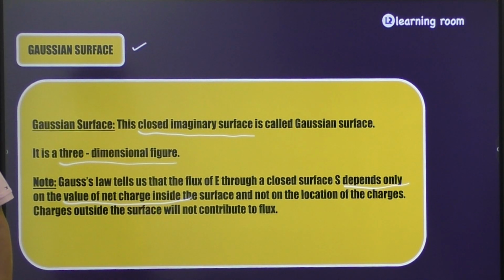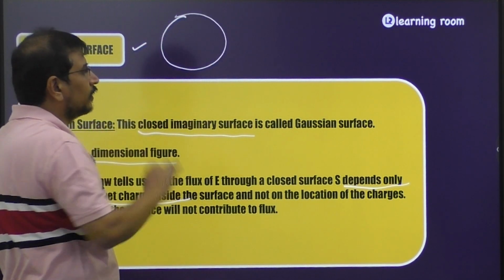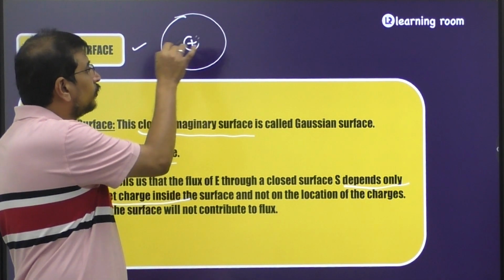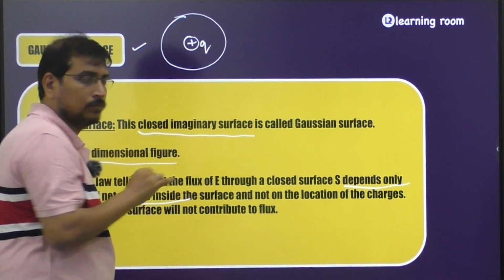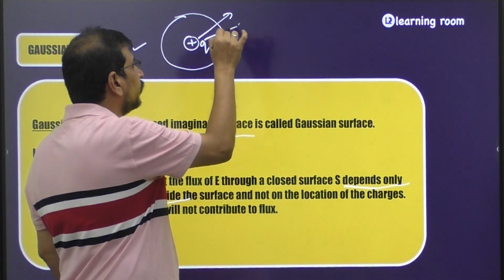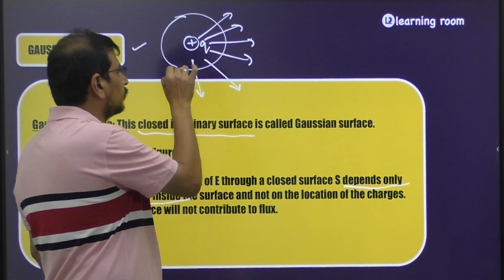Okay, let me take an example and explain it. Suppose I have a Gaussian surface like this. If I take this to be the positive charge, and let's say this value is Q, now, due to this, the electric field is going to be in the radially outward direction.